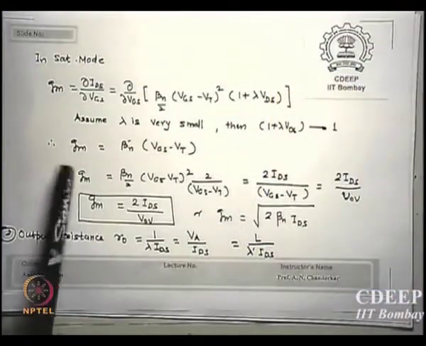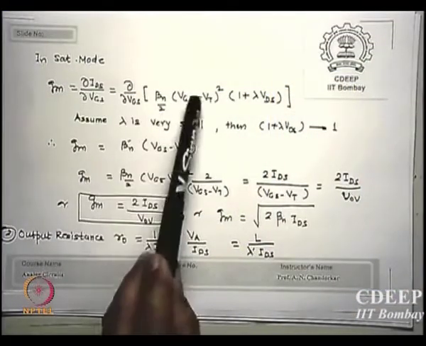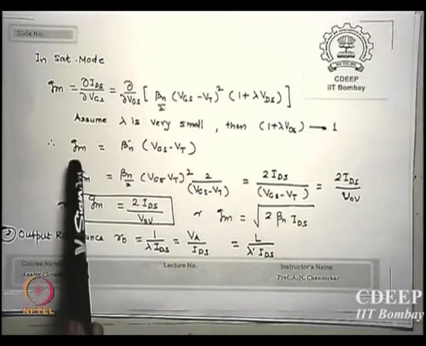So initially, to get simple correct values, I neglect lambda, so 1 plus lambda VDS is 1, and if I differentiate this with VGS, then it becomes GM.